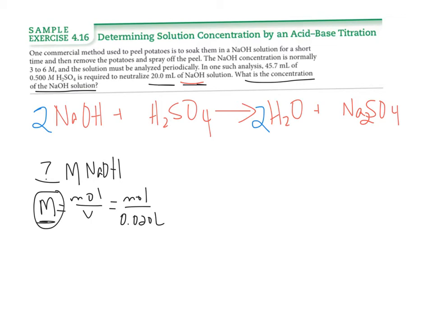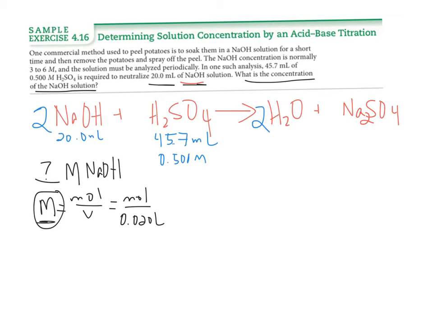What am I given? I'm given 45.7 milliliters of 0.500 molar sulfuric acid. So let's write that over here. We have 45.7 milliliters. I could have written over here that I had 20.0 milliliters of this. 45.7 milliliters of 0.500 molar sulfuric acid.